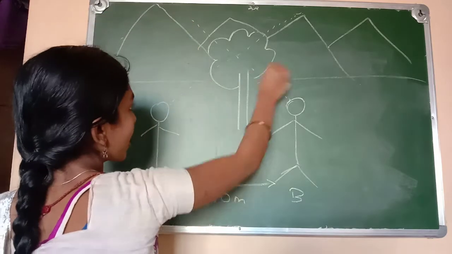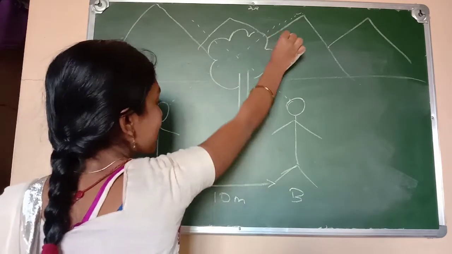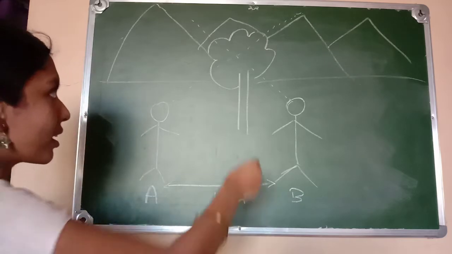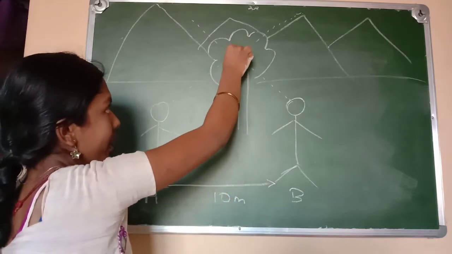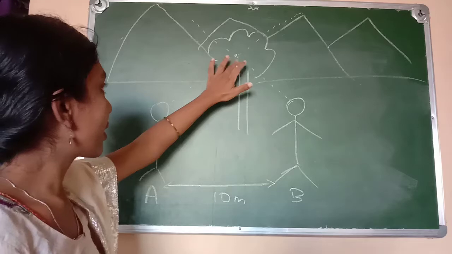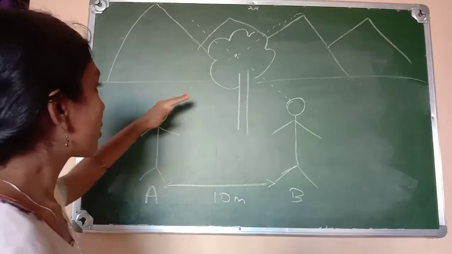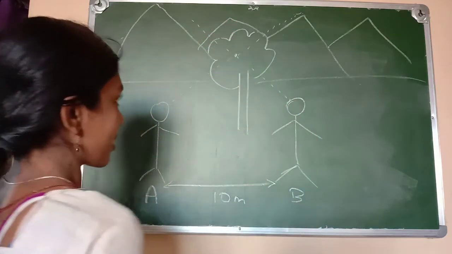So these are the two different lines, the lines of sight. And here you see there is a spot near the tree where the two lines of sight intersect.